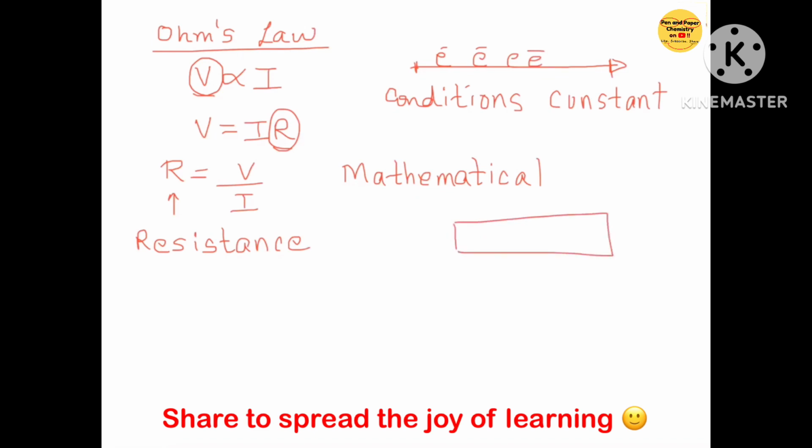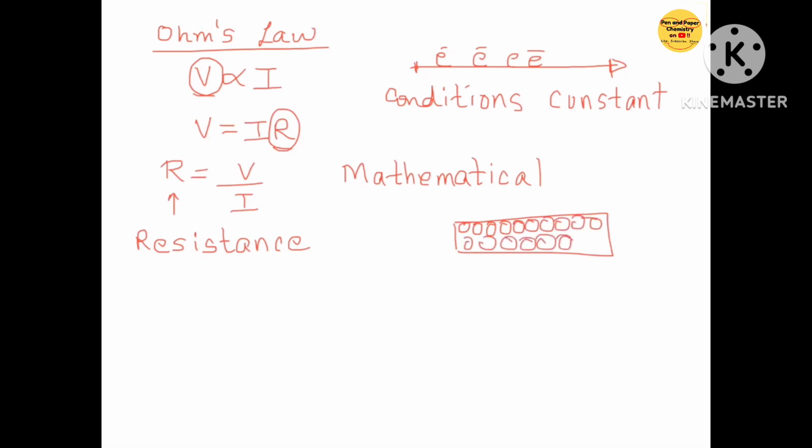You know that any conductor is made up of a large number of atoms. Now, when an electron tries to flow through this conductor, it will experience certain resistance, right? And this is measured as the ratio of V to I. R is equals to V upon I. Let's take the unit of this.